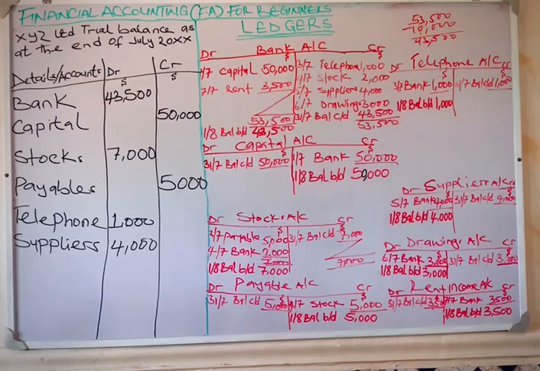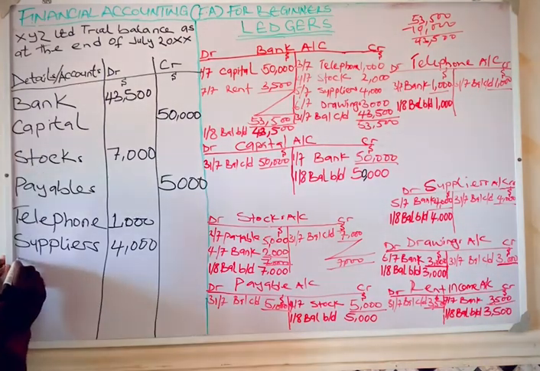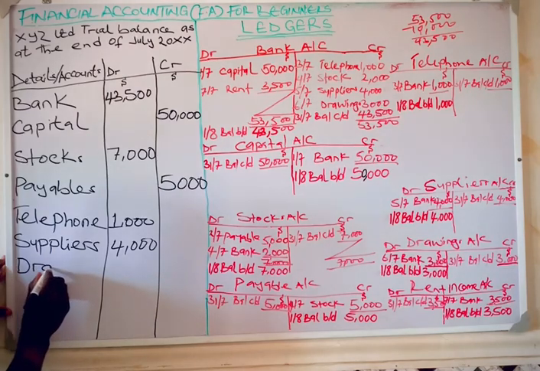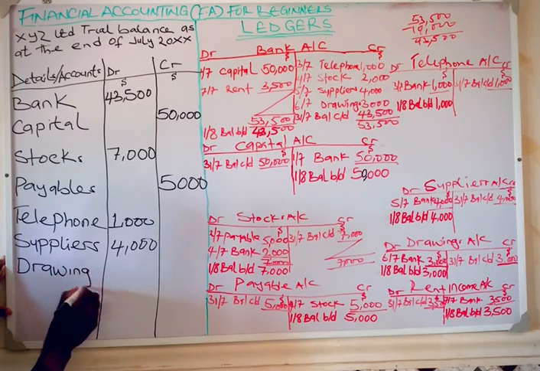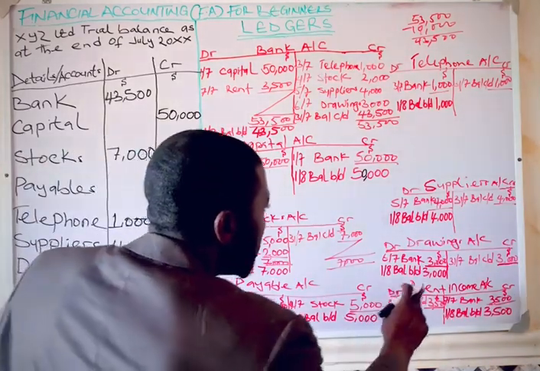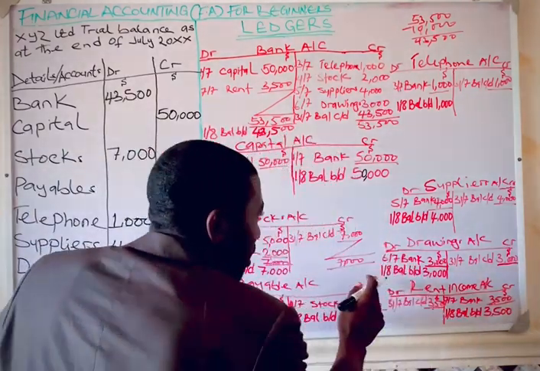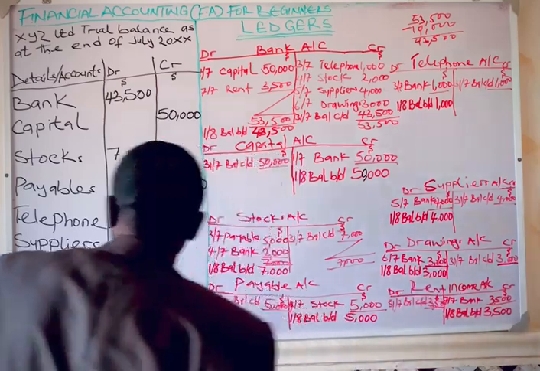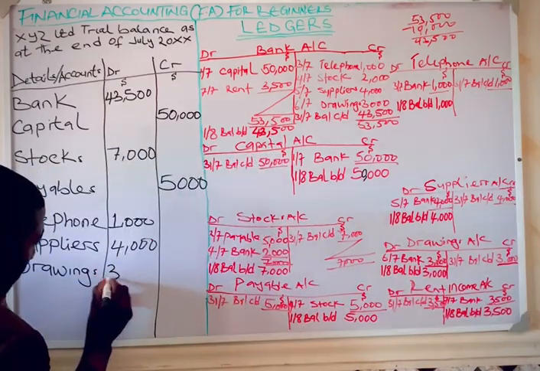Next is the drawings account. You write the drawings account. Our drawings balance BD is at the debit side, so it has a debit balance of $3,000.